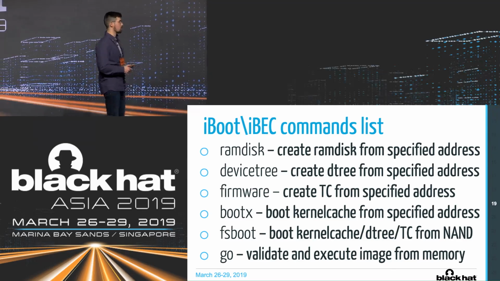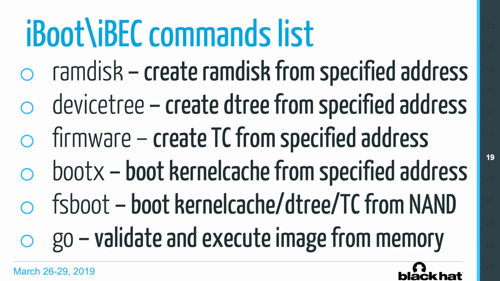The next is bootx. It's a nice command. It allows us to boot the whole kernel cache just from memory. So we can upload the RAM disk, device tree, trust cache, then bootx, and here we go, the system will load. fsboot is the opposite of bootx. It says, hey bootloader, please boot a system from the file system, from NAND: the same kernel cache, device tree, and trust cache.